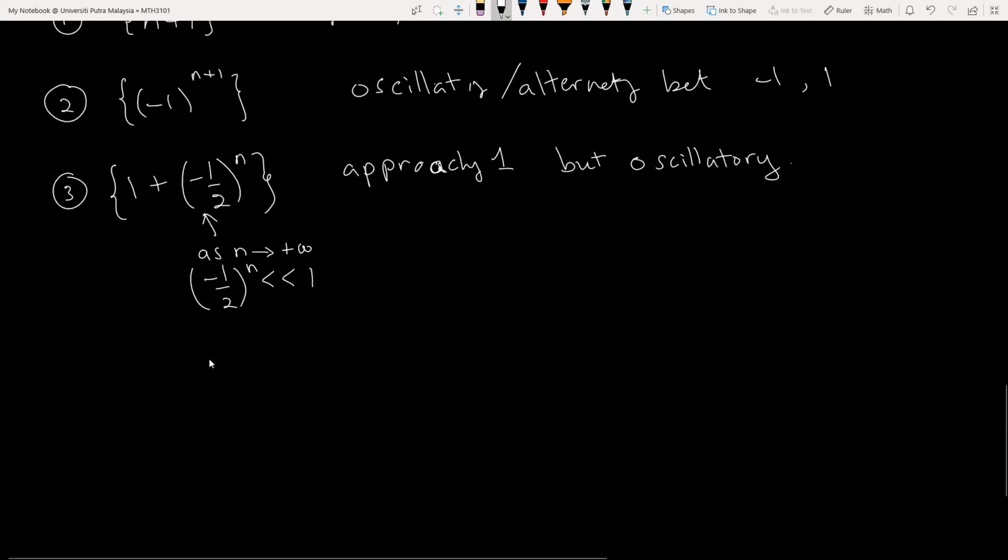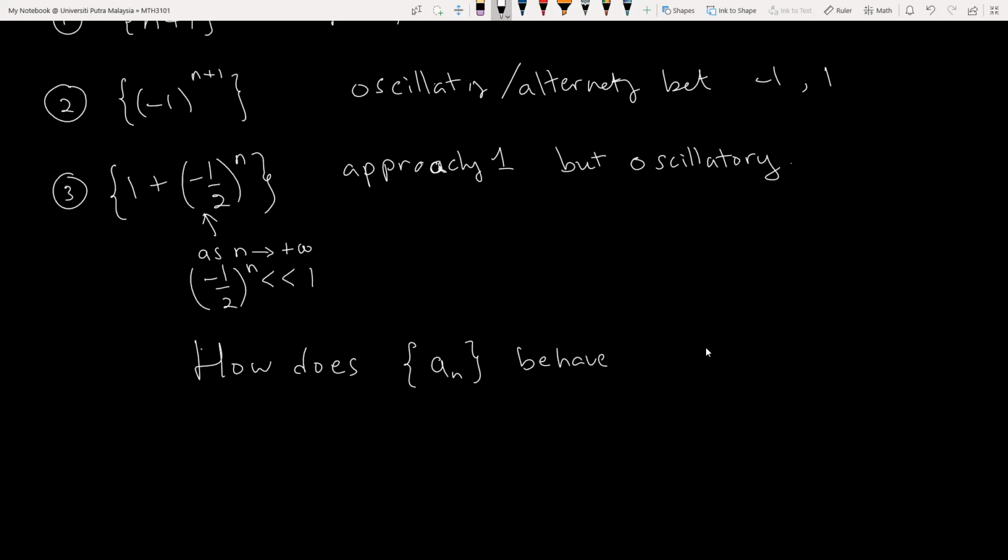In short, I can say: how does a_n, the brace notation, behave when n goes to positive infinity? Okay, so let's look at the definition of that.